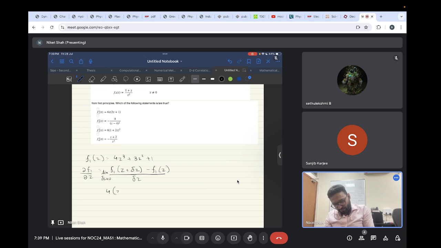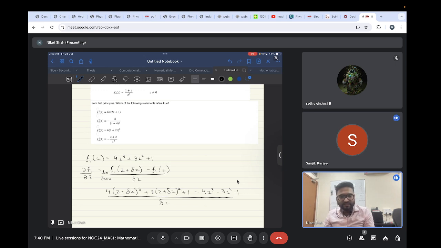So this is what I'll write: 4 into z plus del z the whole cube plus 3 into z plus del z the whole square plus 1 minus 4z cube minus 3z square minus 1 divided by del z.